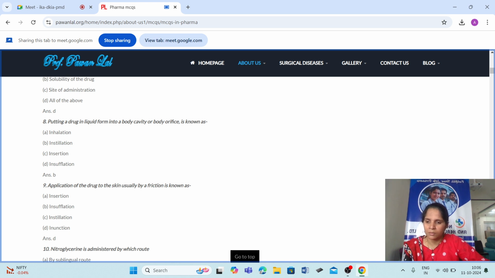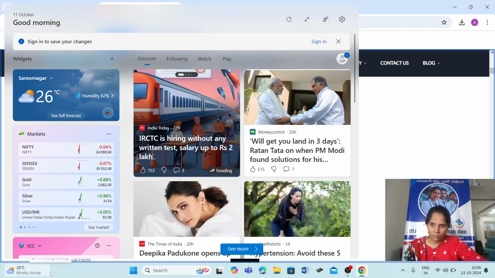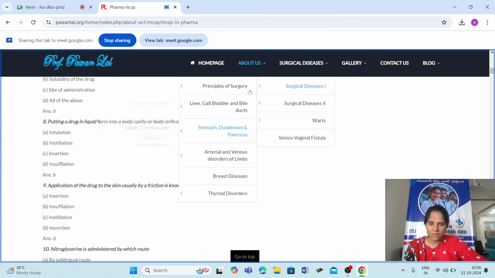Next, nitroglycerin is administered by which route? What is nitroglycerin? It will be used in case of heart attacks, myocardial infarction or angina pectoris. What is angina pectoris?